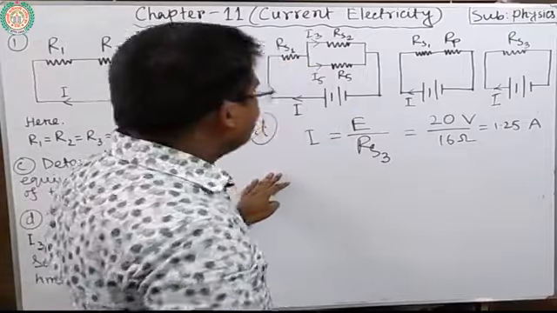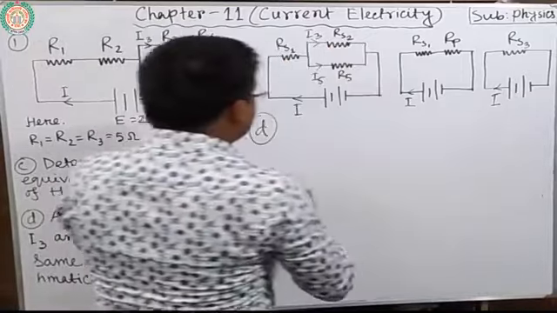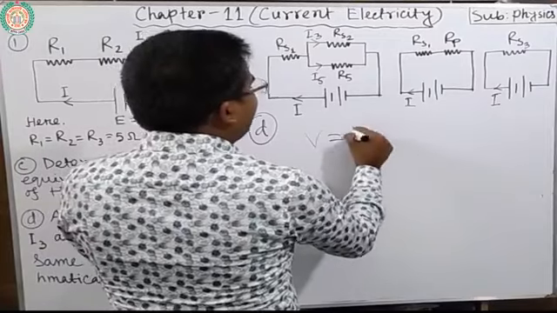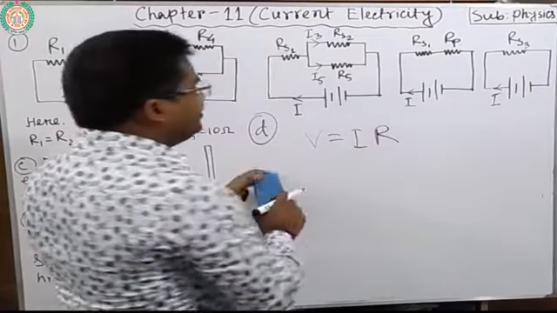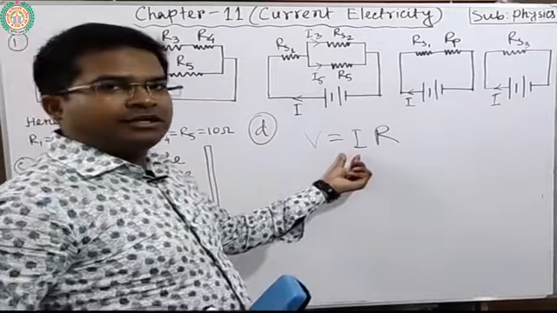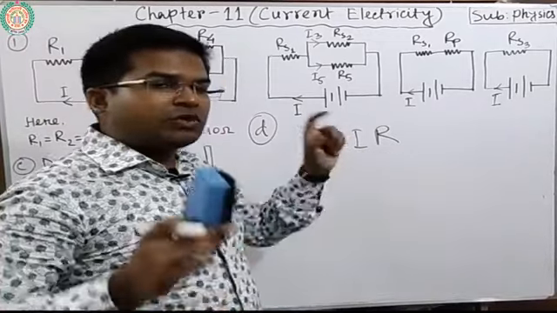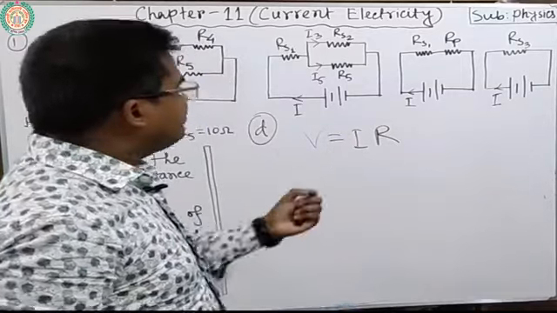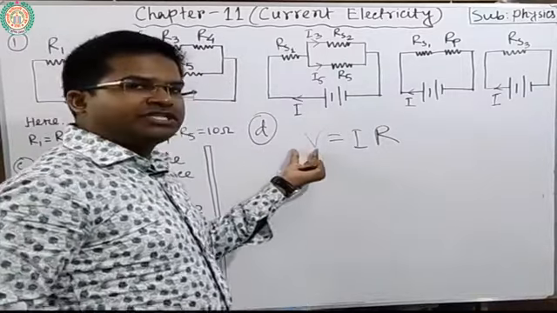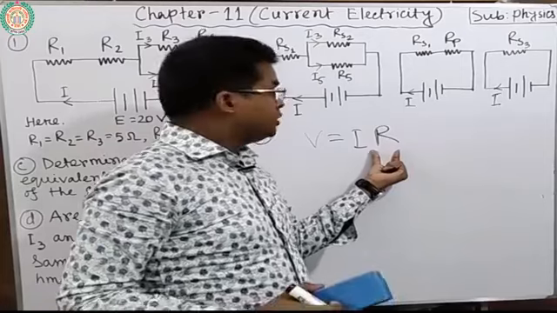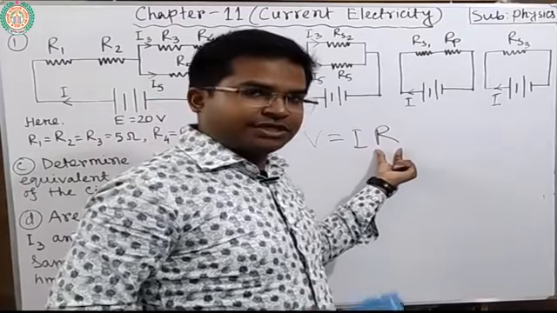by R. You know that, dear students, you know from Ohm's law, V is equal to IR. That means if you determine any current which is going through the R resistance, that means this resistance, then you have to remember that you have to determine first the voltage difference between the two terminals of this resistance.